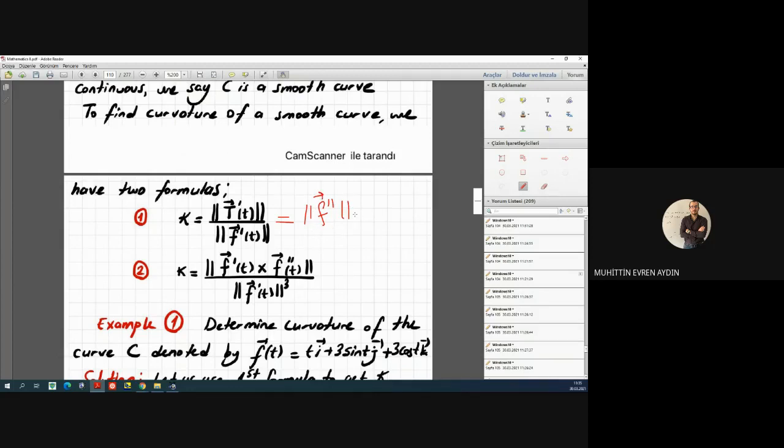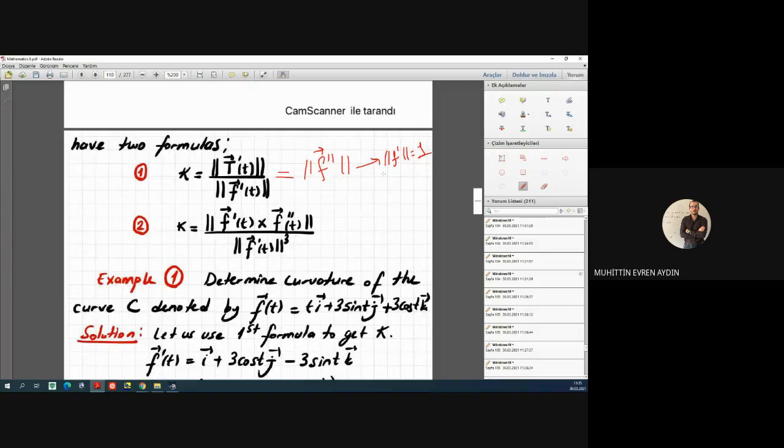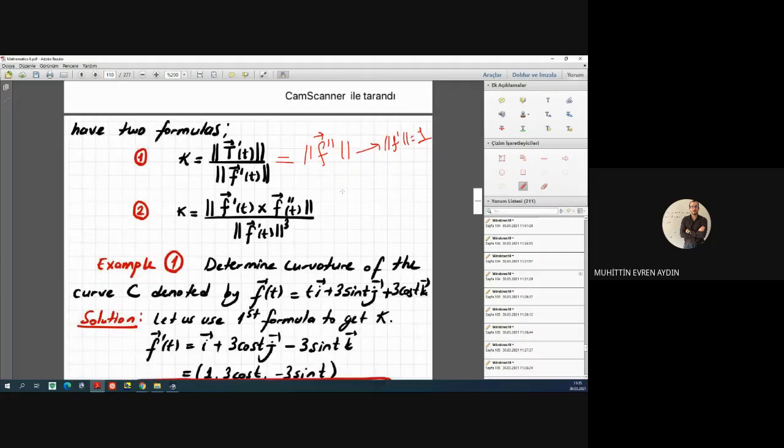If this equality holds, namely, if the curve has unit speed.